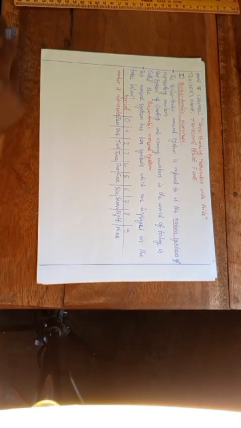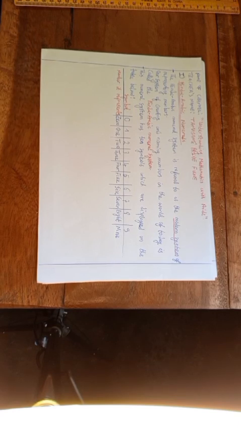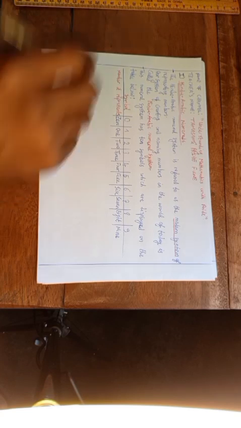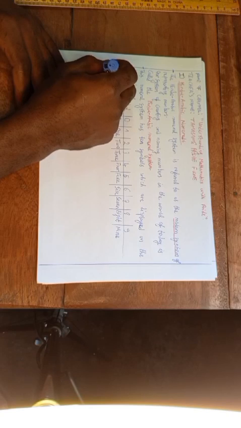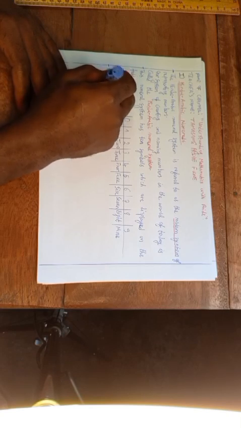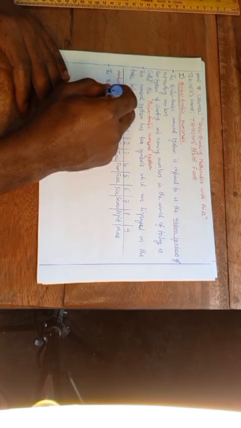In most cases, we will be making use of the word number instead of numerals. So I'll be using the word number instead of saying the numeral. Let's continue. The next hyphen.